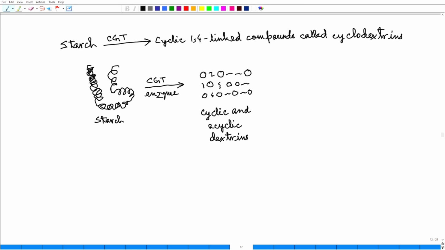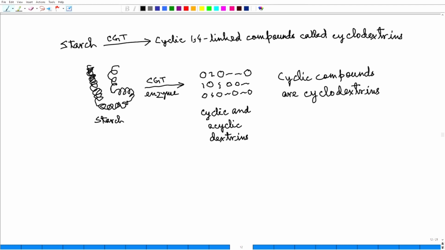These cyclic compounds are called cyclodextrins.